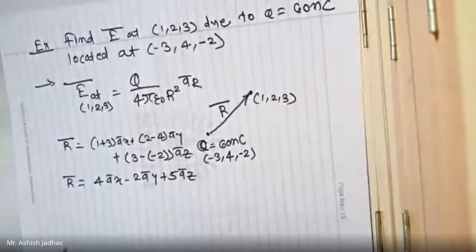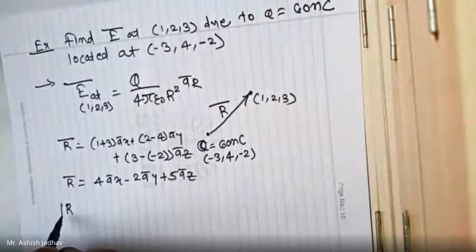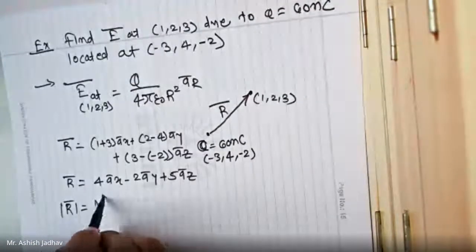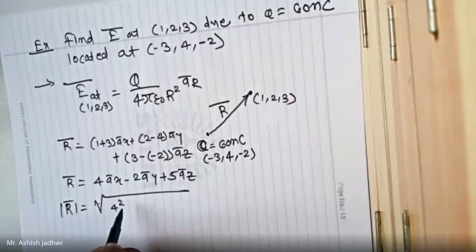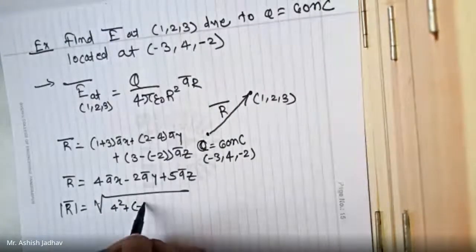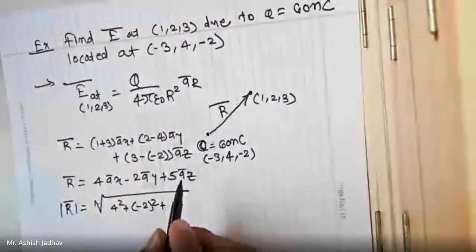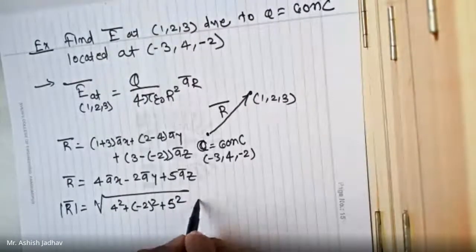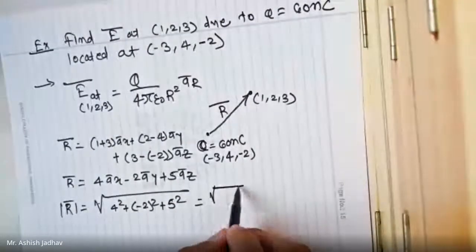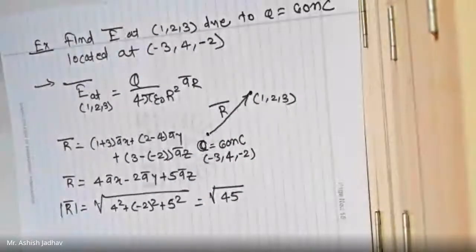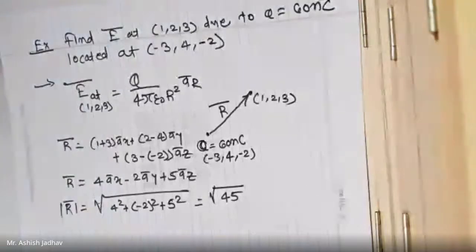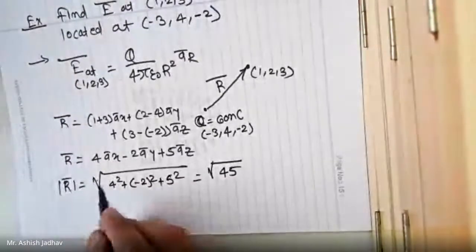Now next step, we can calculate the magnitude of that. Magnitude is equal to 4 square plus minus 2 square plus 5 square. Answer of this is under root 45. So you got this magnitude.